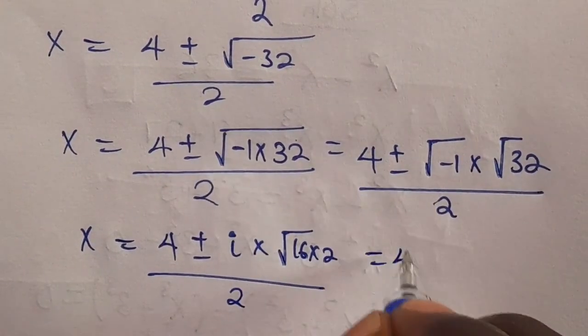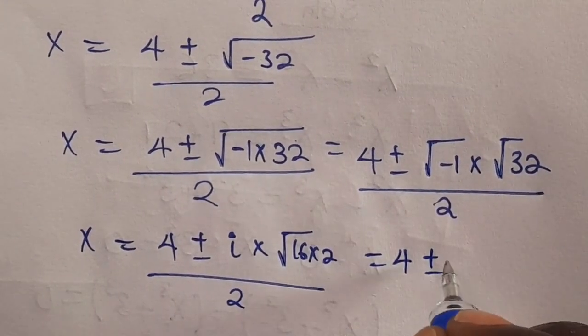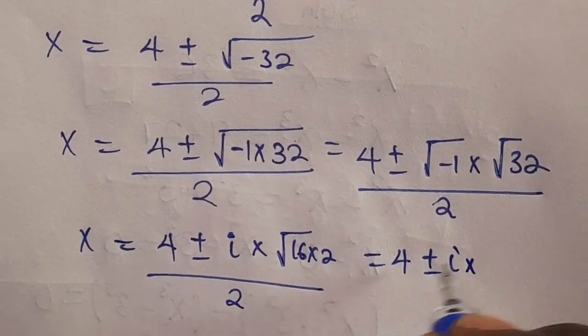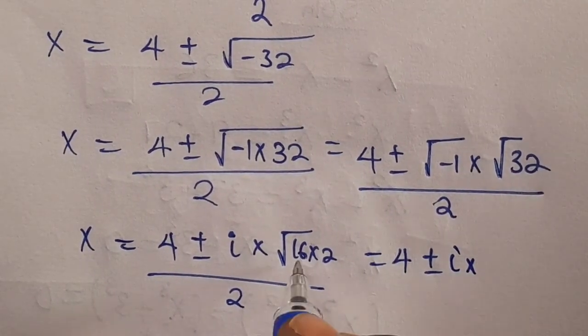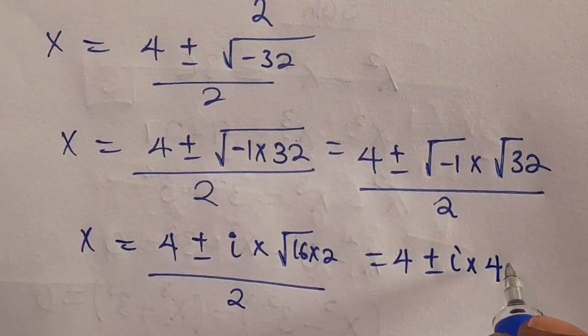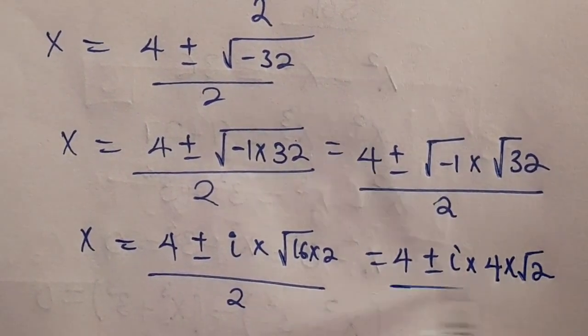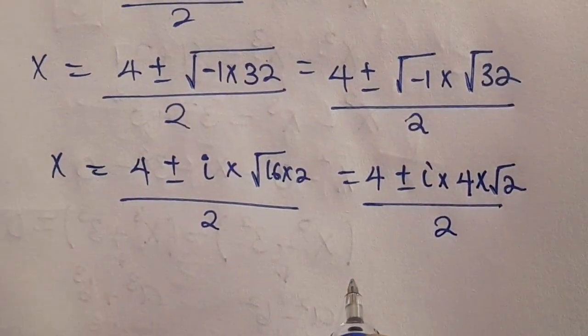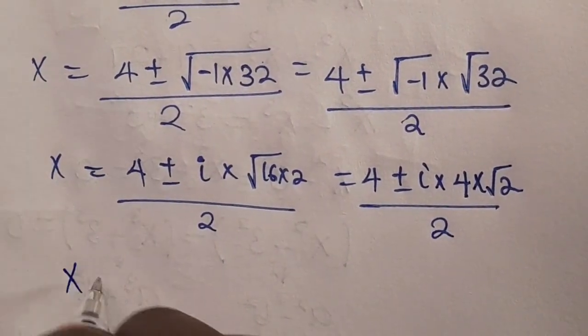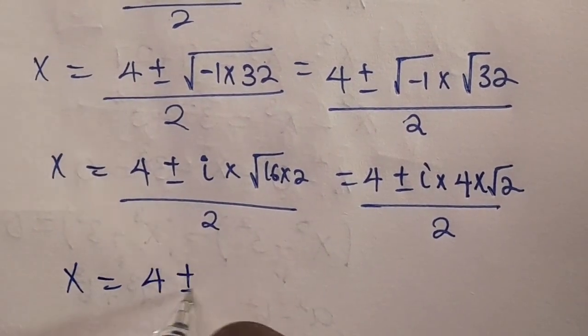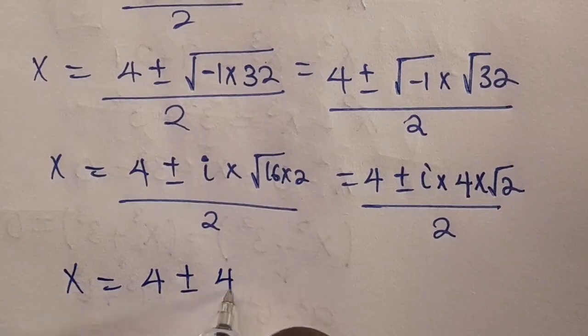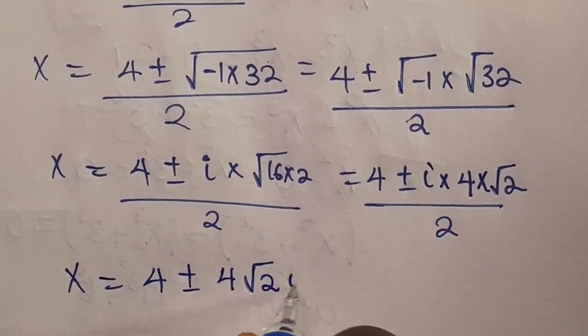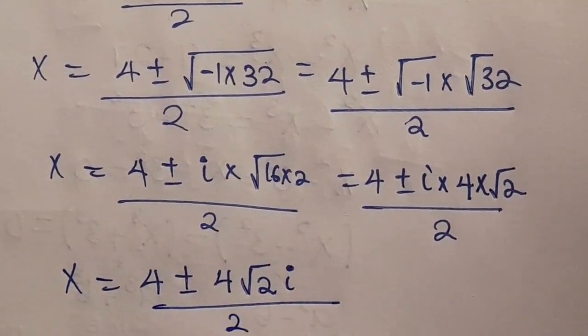And this will give us 4, positive or negative, then i multiplied by square root of 16 is 4, then multiply by root 2 divided by 2. Now, we have our s to be equals 4, positive or negative, 4 root 2i divided by 2.